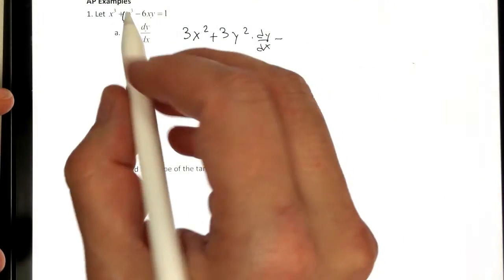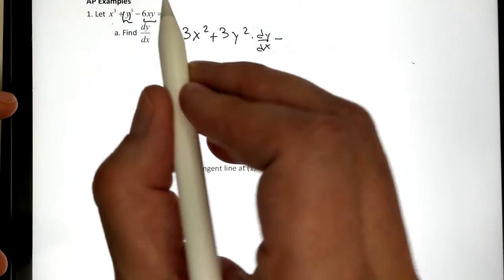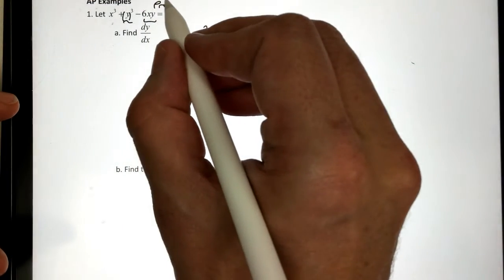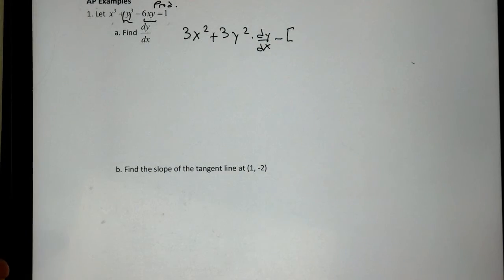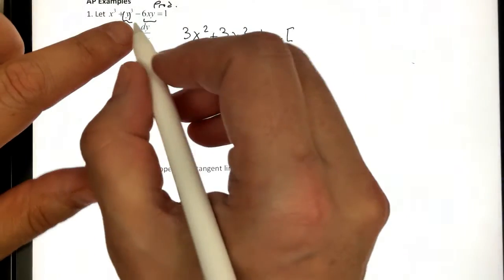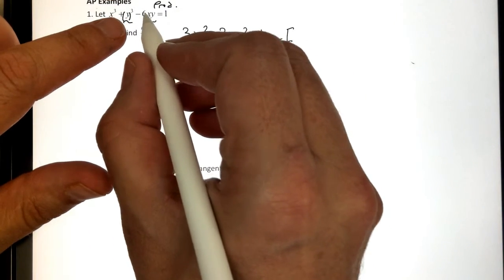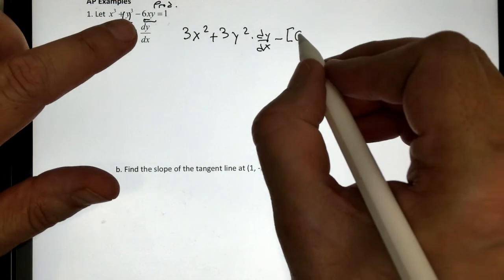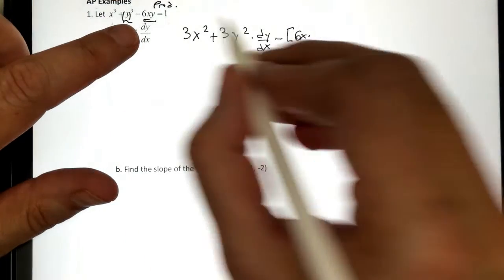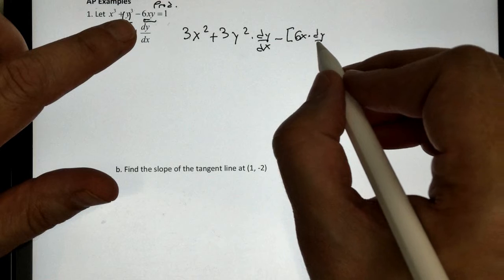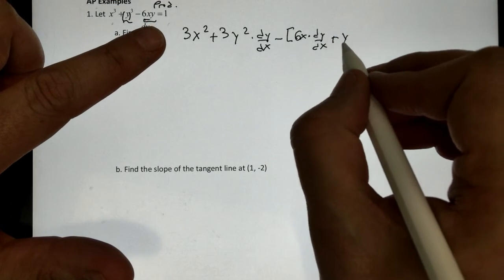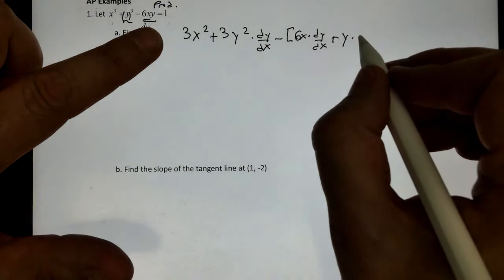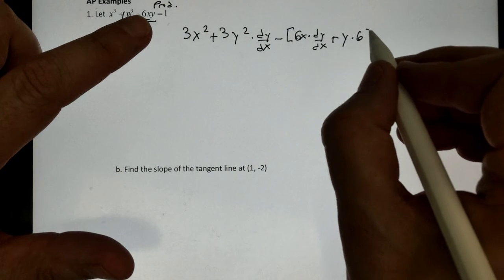Minus, now this is where it gets a little bit tricky. Remember, this is our product rule, so I'm going to put this in brackets. It's very helpful and smart to put these in brackets. I'm going to keep the 6 with the x. So my first will be 6x times the derivative of y, which is dy/dx, plus the second function, which is y, times the derivative of the first, which is 6x, and the derivative is just 6.